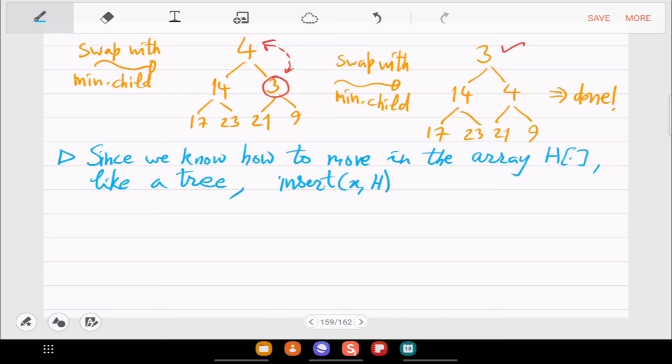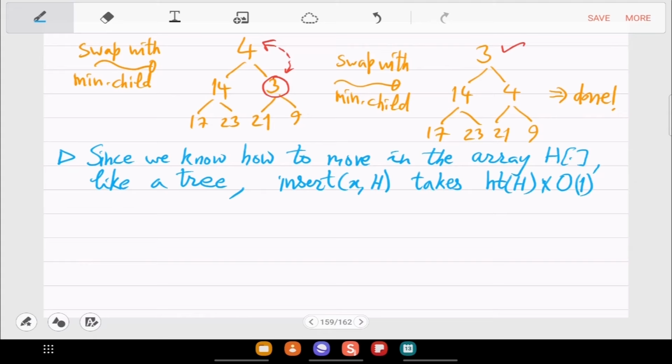So insertion takes, again, height h multiplied by constant time. Okay, so the number of times you are swapping with min child is given by the height. And just swapping with the min child can be done in constant time, because that is only calculating where to go from j in the array.